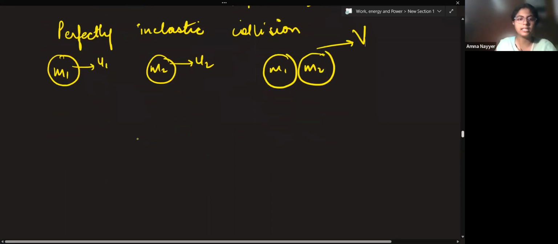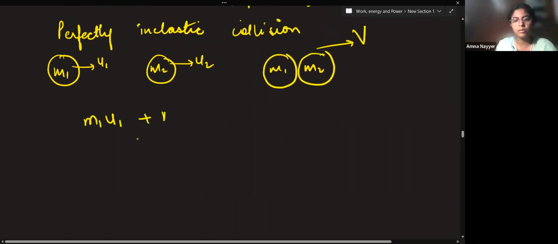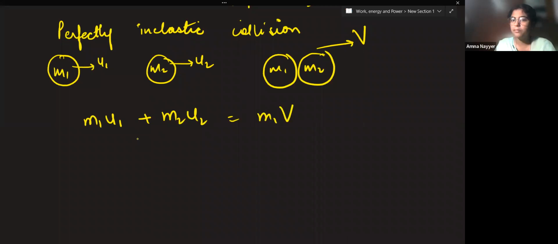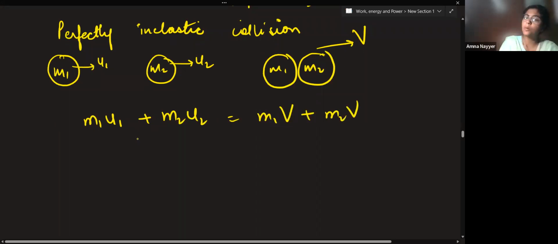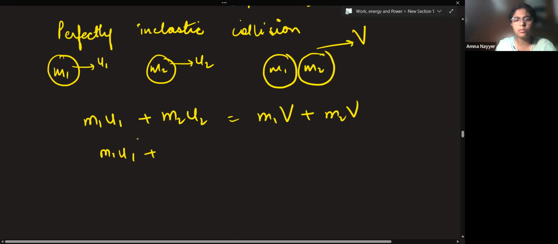Now when you apply conservation of momentum, that becomes m1u1 plus m2u2 is equal to m1 capital V plus m2 capital V, because it's the common final velocity. So take the final velocity as common.